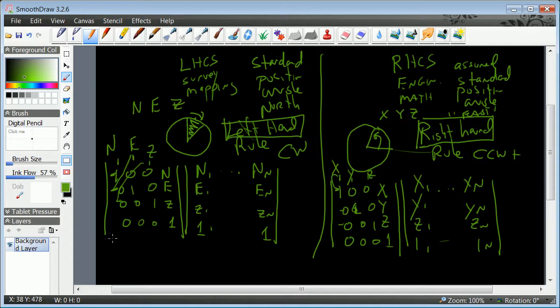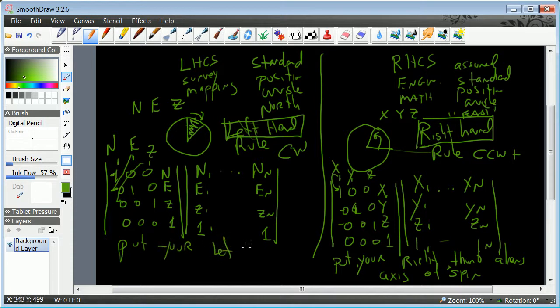But you also, as I finally fill this out, want to deal with the fact that to get a positive turn, you put your right thumb along the axis of spin, not of evil, but the axis of spin. And on this one, you put your left thumb along the axis of spin. And then your fingers are showing what a positive turn is.